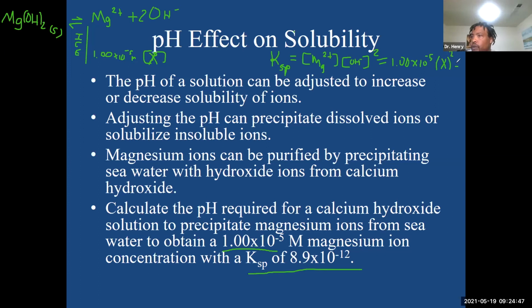And then that's going to equal 8.9 times 10 to the minus 12. So we get X squared equals 8.9 times 10 to the minus 7. And we get X is going to equal the square root of that.